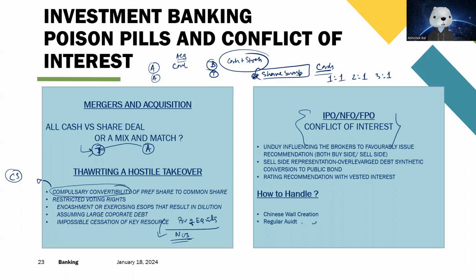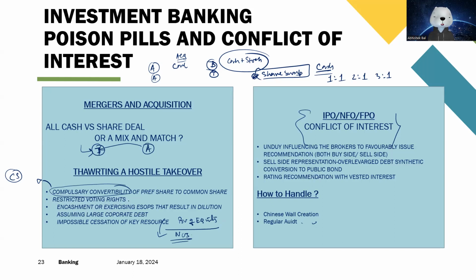But because of this dilution, because of the compulsory convertibility of the preference shares into common shares, the number of shares in the denominator increases. And because it increases, the per share value is going to come down. And then for the acquirer post-acquisition, that deal may not look that lucrative, may not look as good as it was before the takeover. So that's one way to thwart the effort.